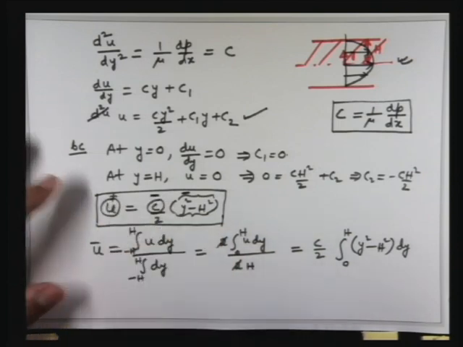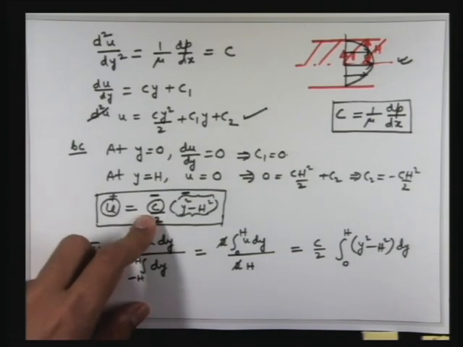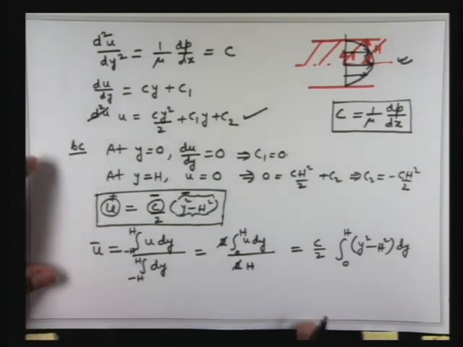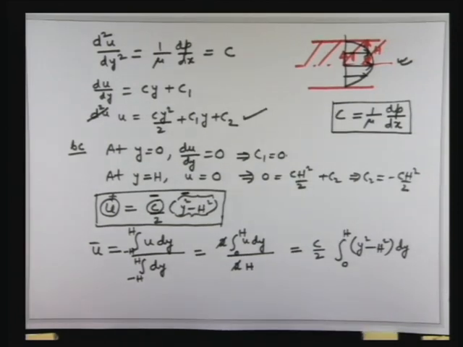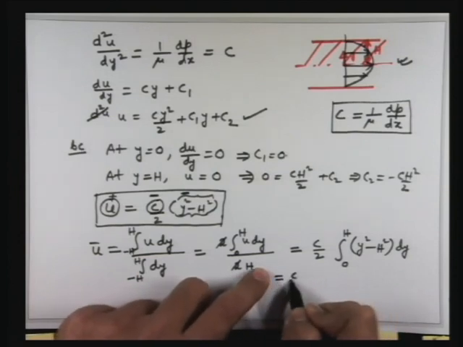So for flow taking place in the positive x direction, you must have dp dx as negative. This is called a favorable pressure gradient. So that is the observation regarding the sign of c. C itself is negative.